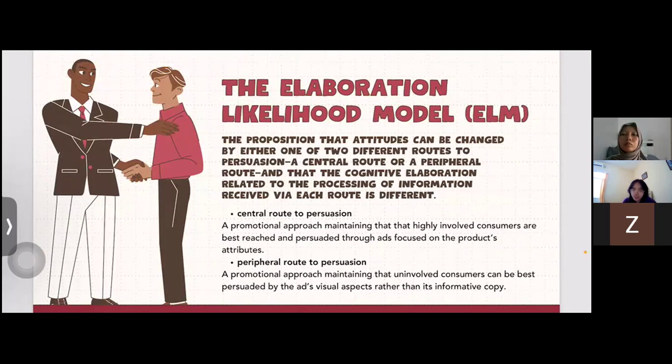The central route to persuasion is a promotional approach maintaining that highly involved consumers are best reached and persuaded through ads focused on the product's attributes. The peripheral route to persuasion is a promotional approach maintaining that uninvolved consumers can be best persuaded by the ad's visual aspects rather than its informative copy.